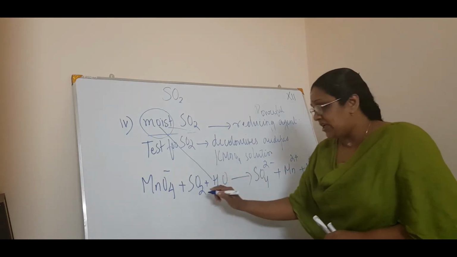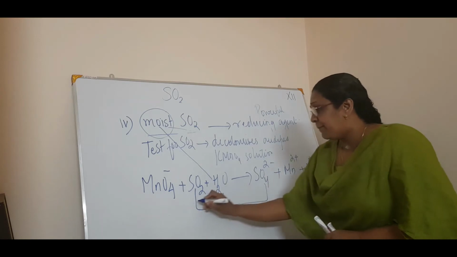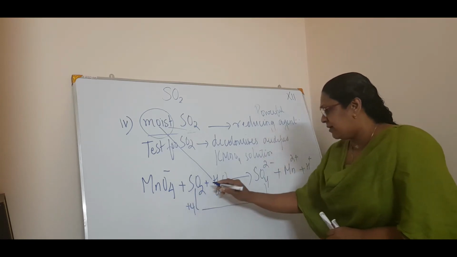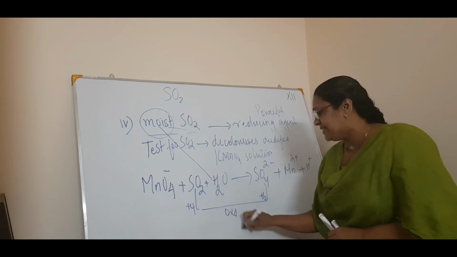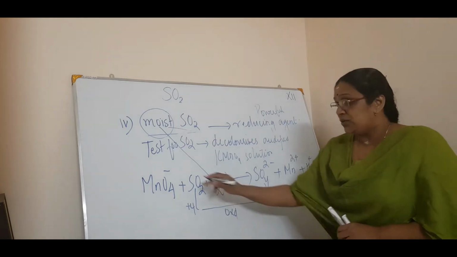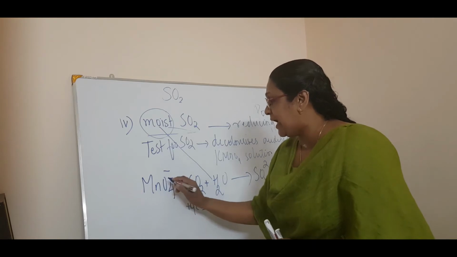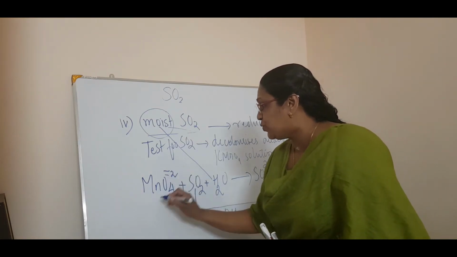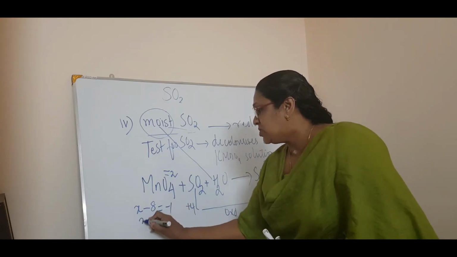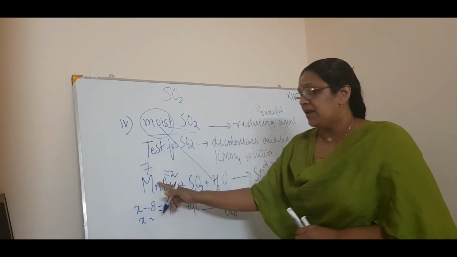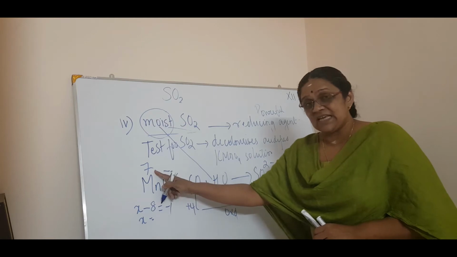Now, see, I will tell you, the plus 4 is increasing to plus 6. That means it is oxidizing. Correct. Now this is reducing. How is it reducing? MnO4 minus. O is minus 2. So x minus 8 is equal to minus 1. So x is equal to 7. The oxidation state of Mn is plus 7.